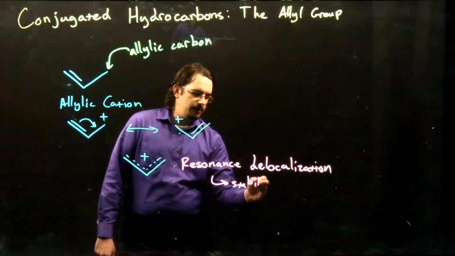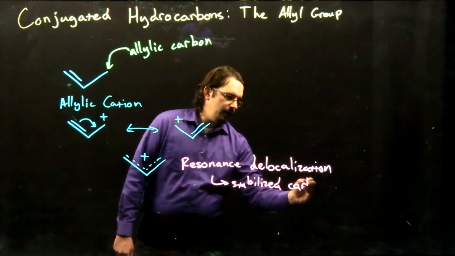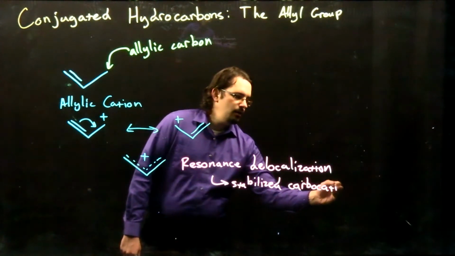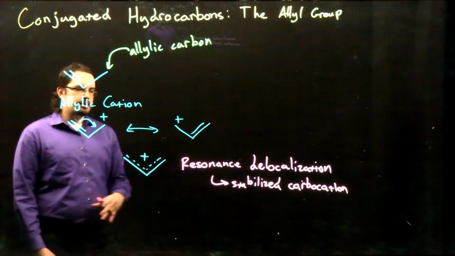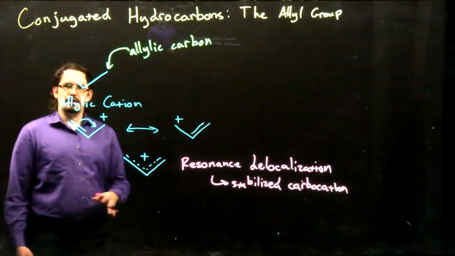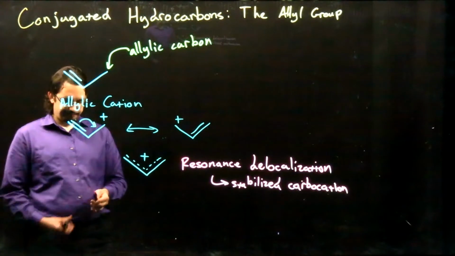So this will have a huge effect on the overall stability of that carbocation, where instead of being stuck with our missing octet and that full positive charge, we can spread that out and help to share that instability associated with that positive charge.